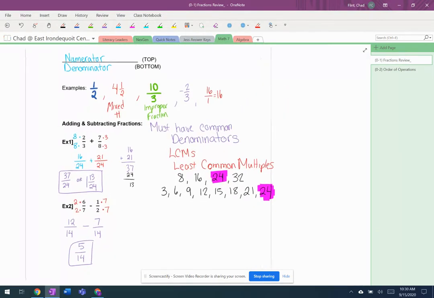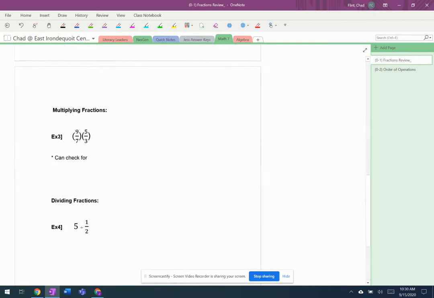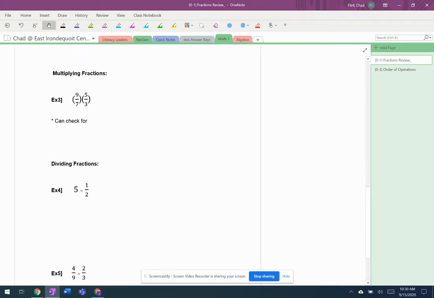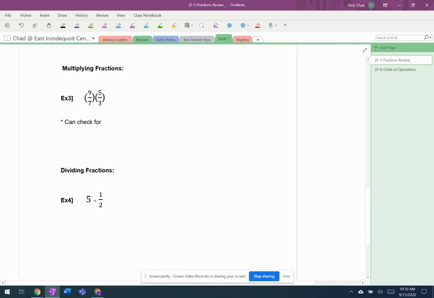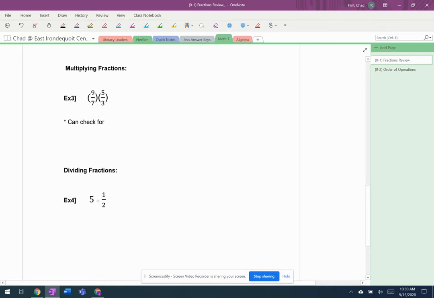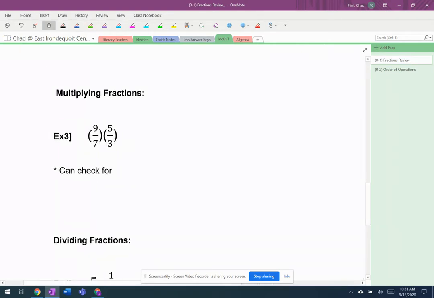So there we have our adding and subtracting. Next, we're going to take a look into multiplying fractions. And when you're looking at multiplying fractions, you want to make your life a little bit easier by checking for some cross-canceling. So when you're multiplying fractions, you're going to multiply straight across.